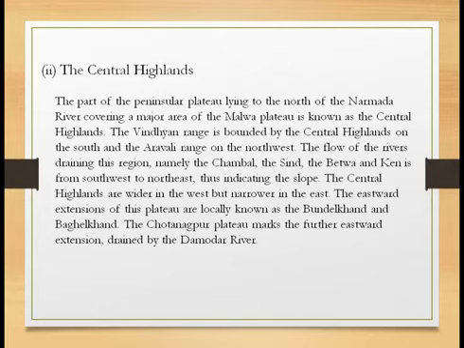Please refer to it, and after that write the correct answer. When talking about the Central Highlands, you have to talk about the location, where it is. Just like it is stated here, the Central Highlands are bounded by the Vindhya range on the south and the Aravalli range on the northwest. Like that you have to write the answer.